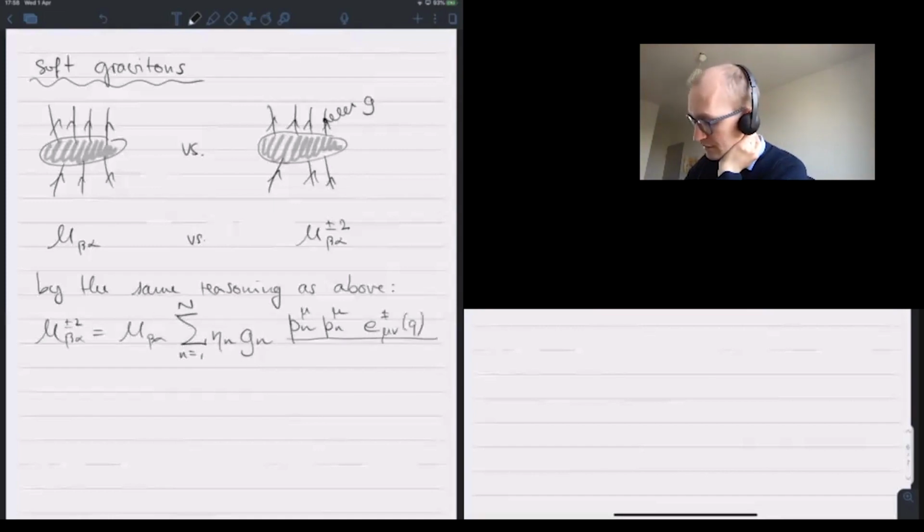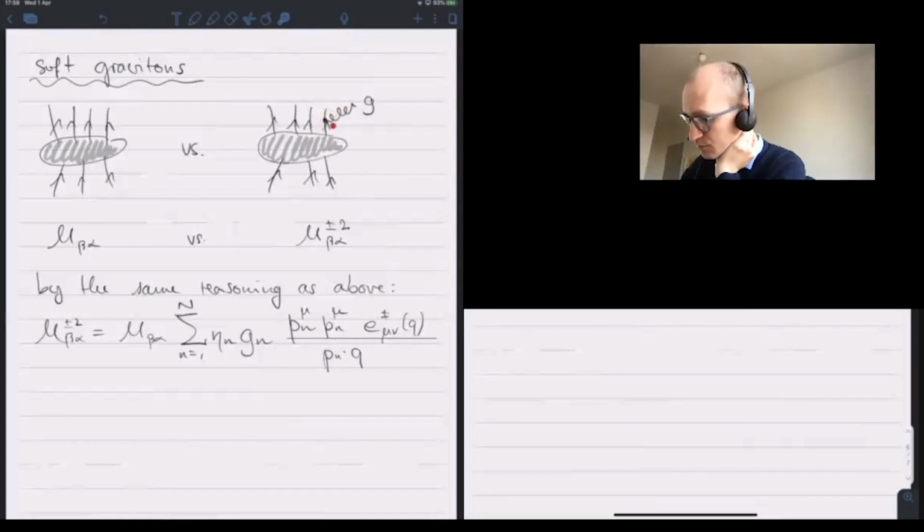However, nothing changes about the denominator. Even though this is probably obvious, let me emphasize again, the denominator comes from the fact that I'm splitting this outgoing line in 2, which is a property of this solid line particle, the particle that couples to gravity.